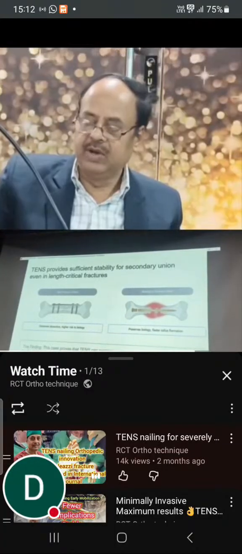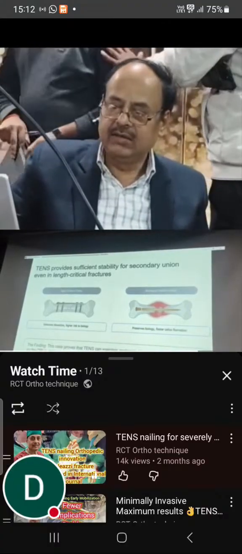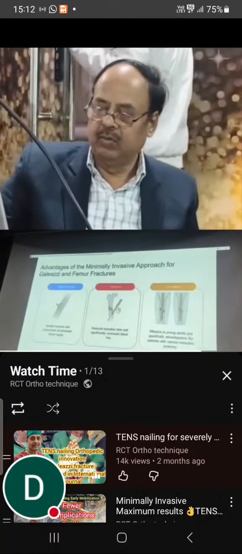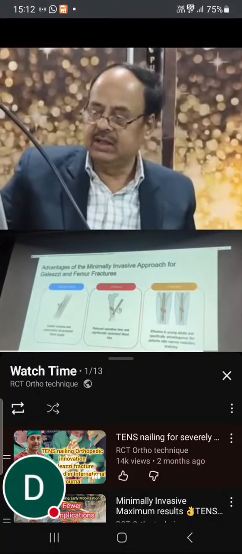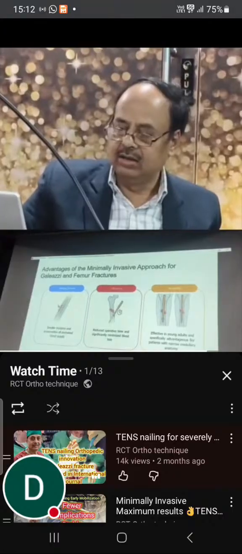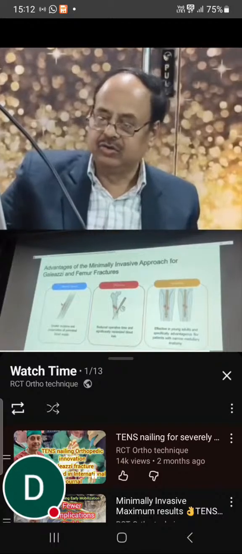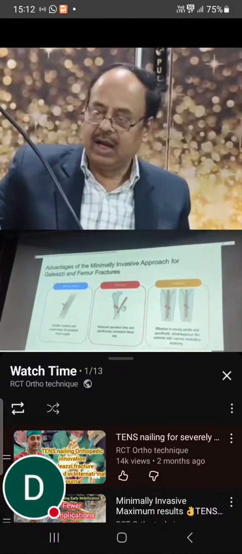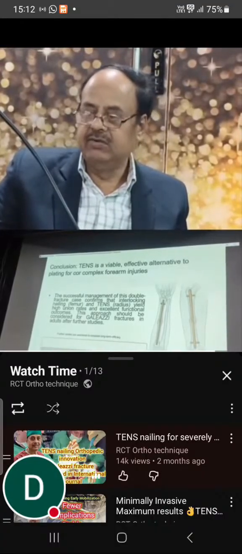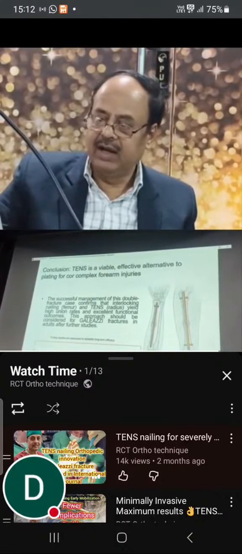We followed throughout 11 months for maintenance of the length and DRUJ. The advantages of this minimally invasive approach for Galeazzi fracture and femur: it is minimally invasive, reduces operative time, and significantly minimizes blood loss. And this is the conclusion, that TENS is a viable, effective alternative to plating for complex forearm injury.